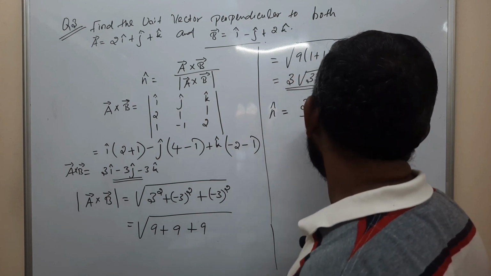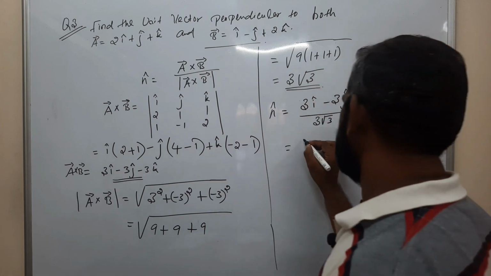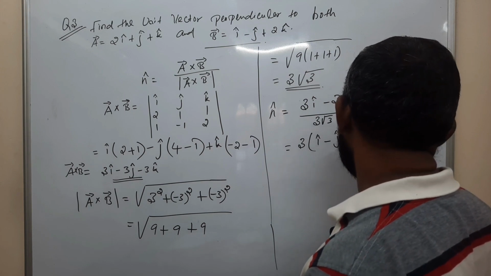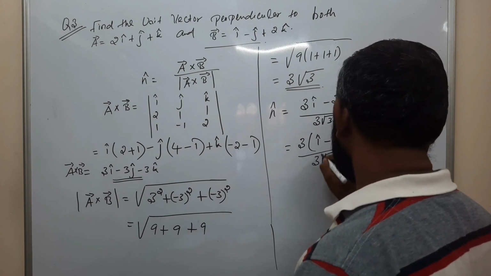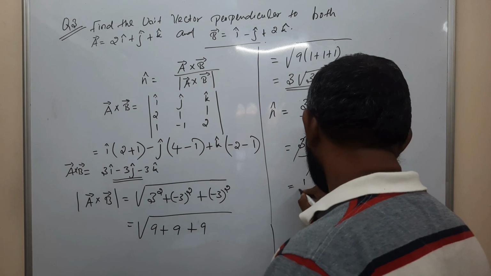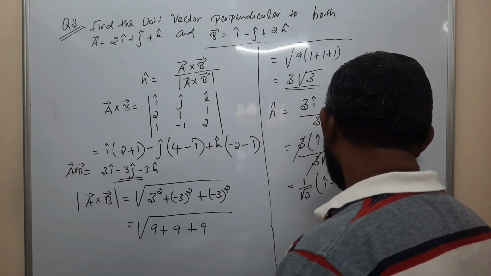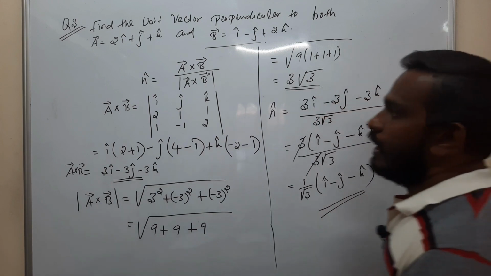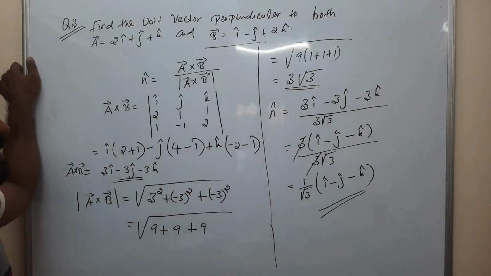From this take 3 commonly outside: i cap minus j cap minus k cap divided by 3 root 3. So 3 gets cancelled. That's equal to 1 divided by root 3 into i cap minus j cap minus k cap. So this is the unit vector perpendicular to a vector and b vector. Clear?